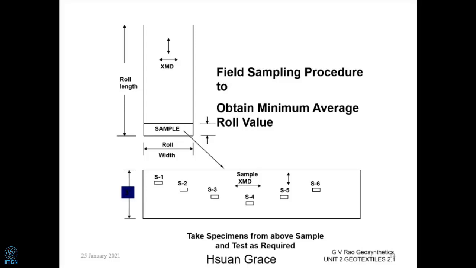That means based upon the weaving technology or weaving machines which are used, the edge is there. So that edge is also called selvage. So we will not take specimens on the selvage. We have to leave about 5 to 10 centimeters from both edges and also maybe at least 50 centimeters from the end of the sample, and only the central portion covering the entire width and entire length as we have chosen is going to be our samples.